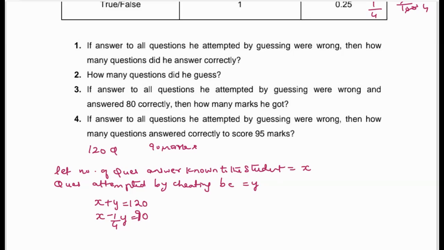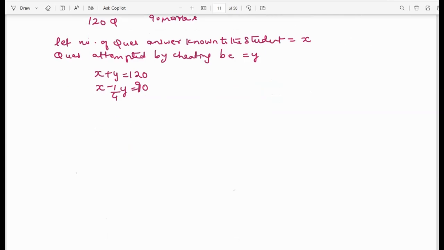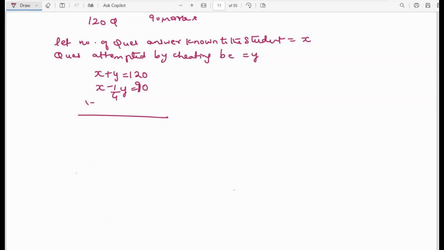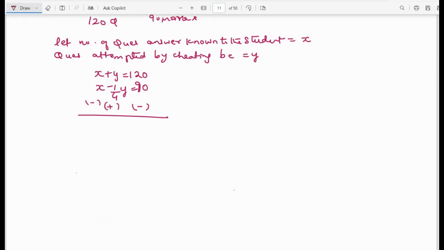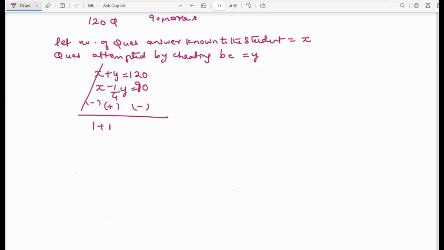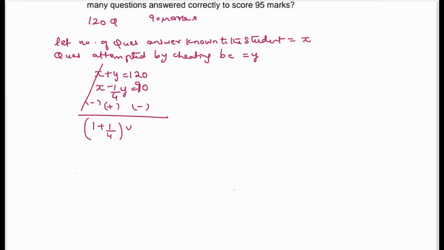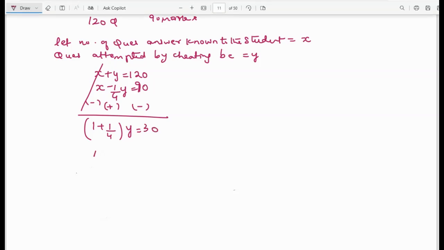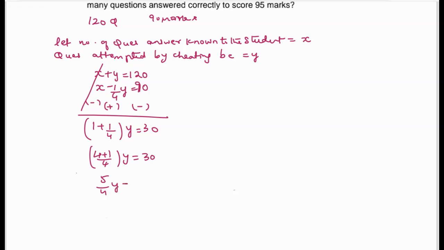So if you simplify this, change the sign, this will get cancelled. You have 1 plus 1 by 4 y equals 120 minus 90, which is 30. If you take LCM, it is 4 plus 1 by 4 y equals 30. So 5 by 4 y equals 30.